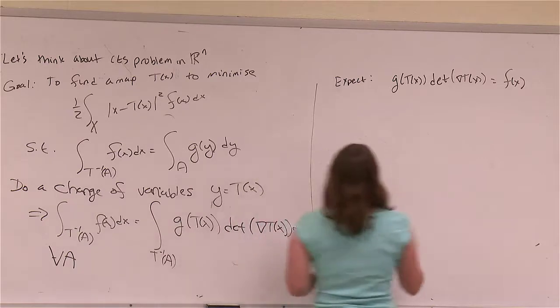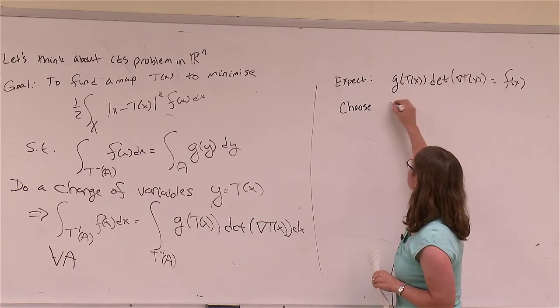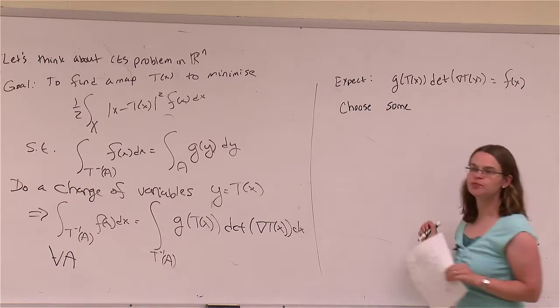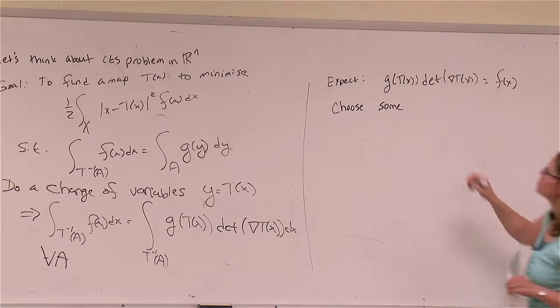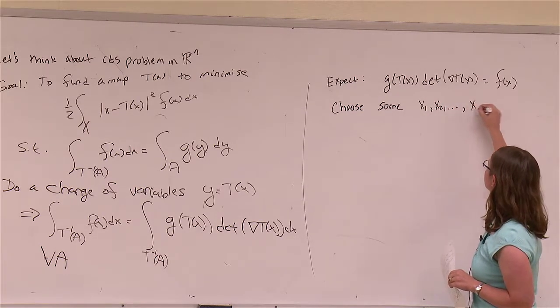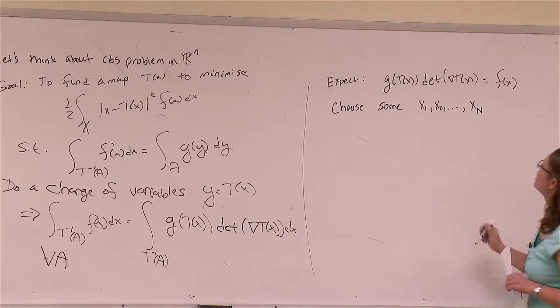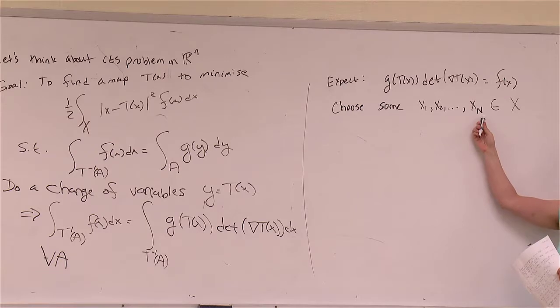So this is what I'm going to do. Now, instead of 2 points, I'm going to choose a bunch of points. So let's choose x1, x2, up to x, capital N, say, that live in my domain. This capital N is not the same as the dimension of my space. It's just some number.